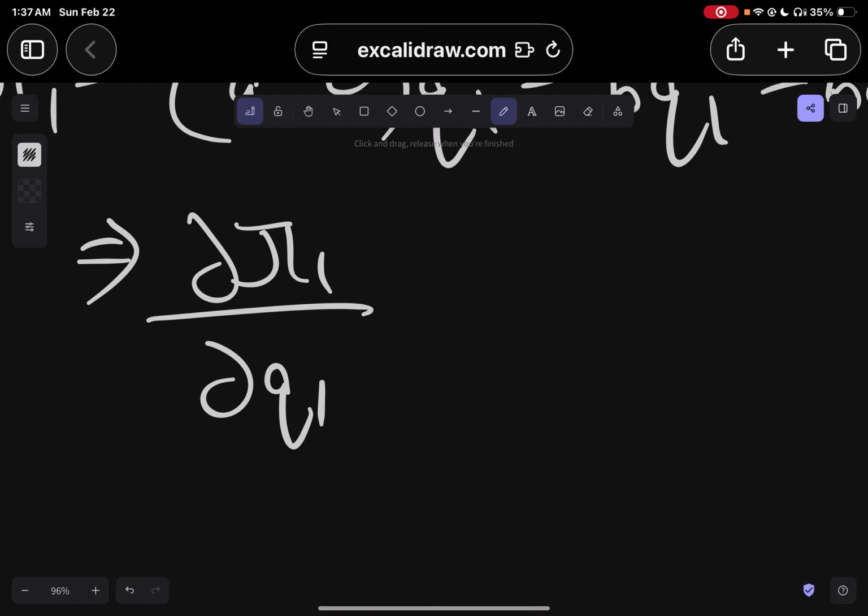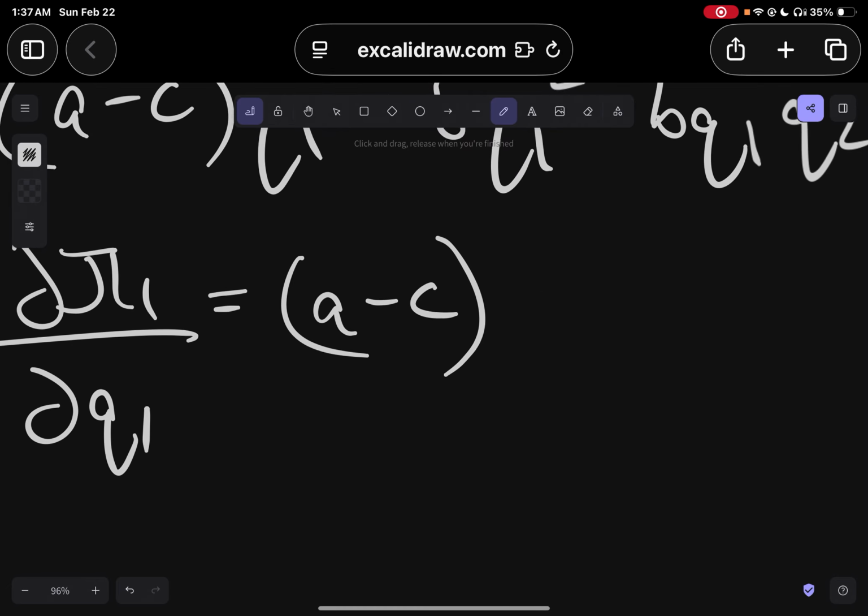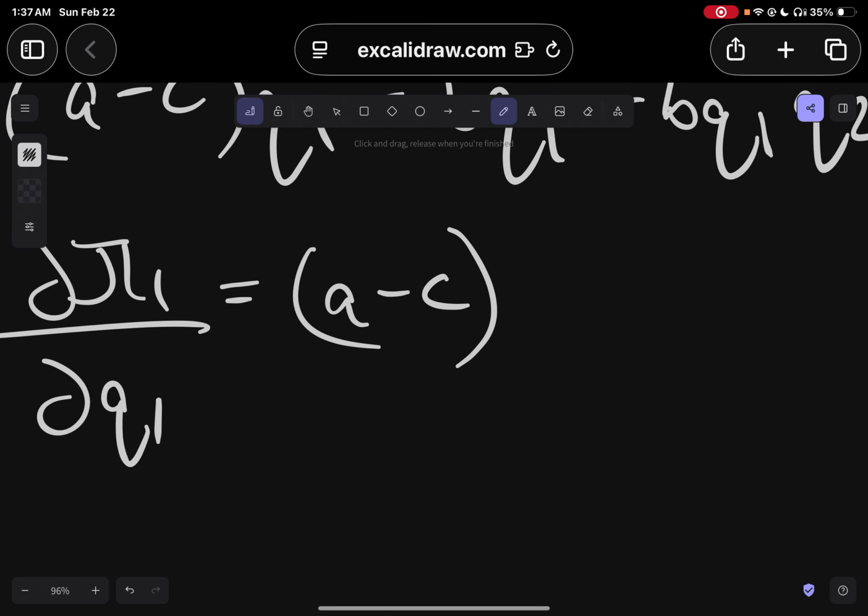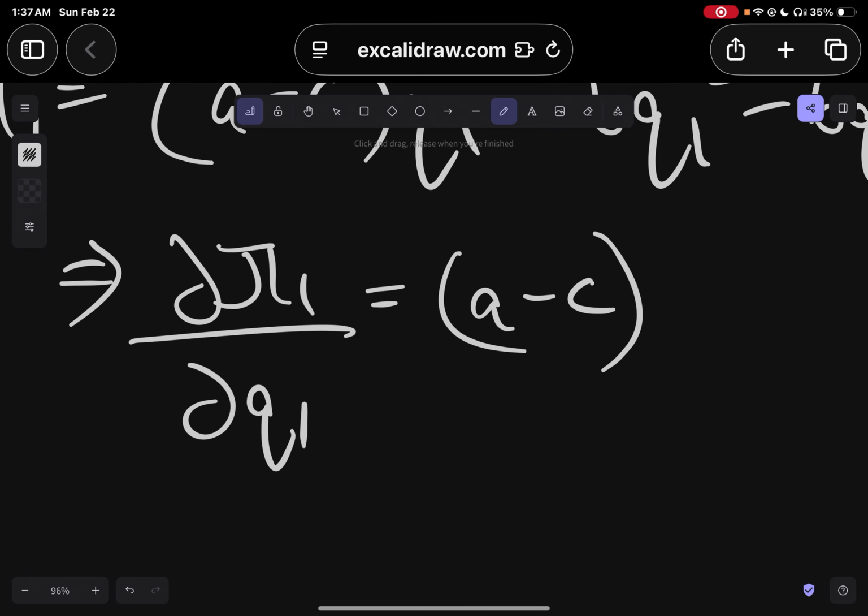Then we have this one. Let me just tell you what I'm doing. I'm getting the best response function of firm 1. It would be to maximize the profit, and if you want to know how to maximize profit, then you do del pi 1 by del q1.